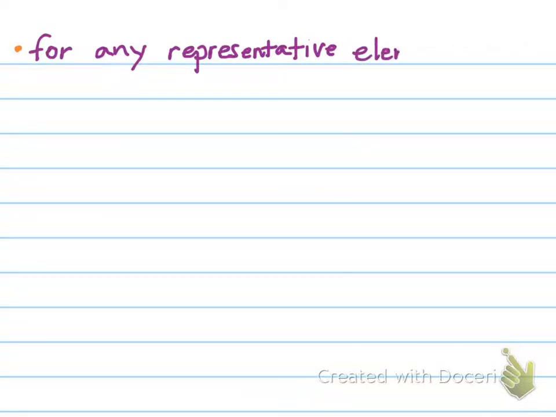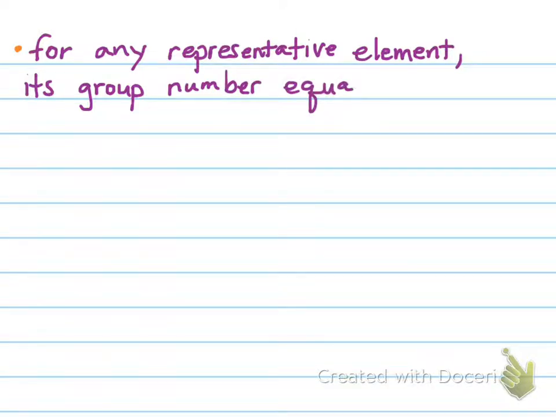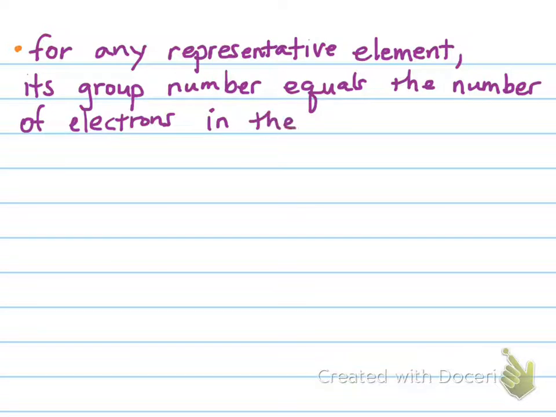and again, remember, a representative element means we're talking about an element that's in a tall column of the periodic table. Its group number equals the number of electrons in the highest occupied energy level.